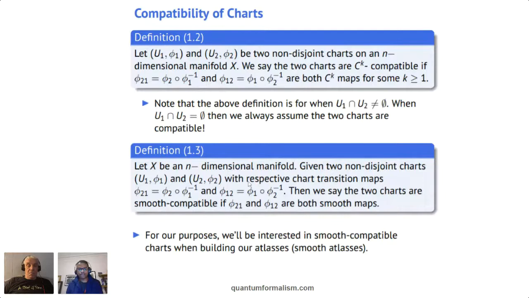This is what we are interested in, transition maps that are smooth compatible, because this is what will enable us to define the notion of smooth atlas. This is what we need for smooth manifolds. Again, both transition maps need to be smooth. If one of them is not smooth, then this is not smooth compatible.